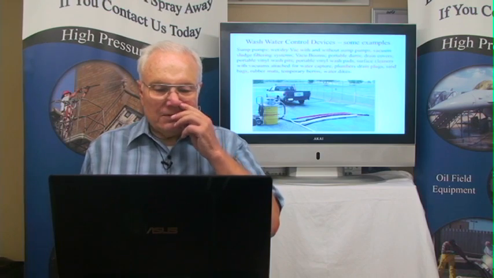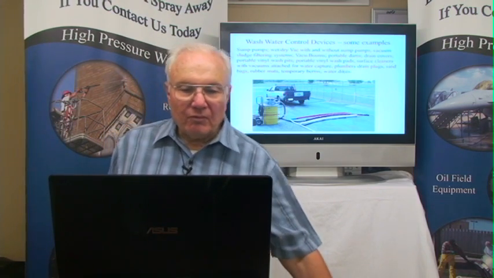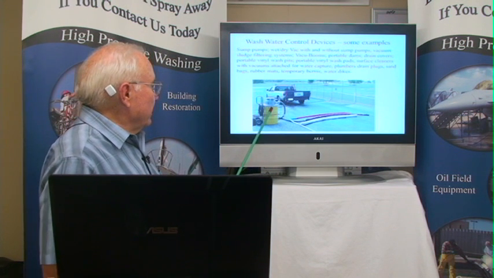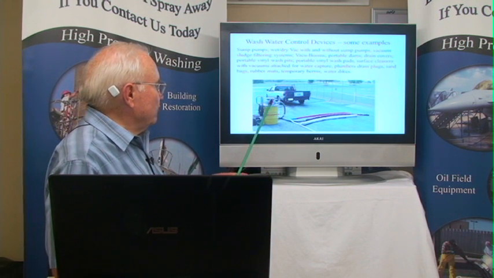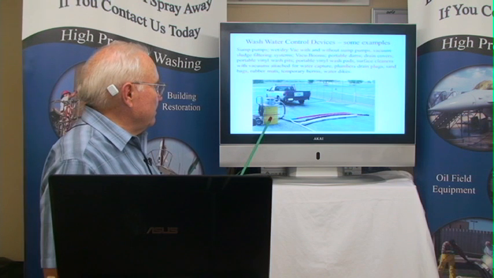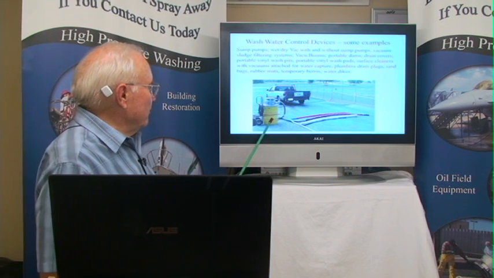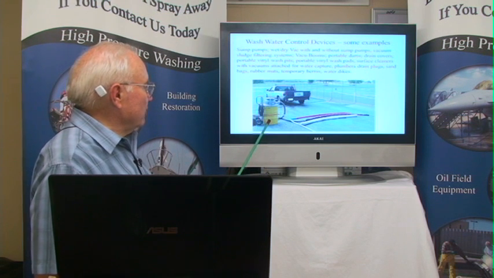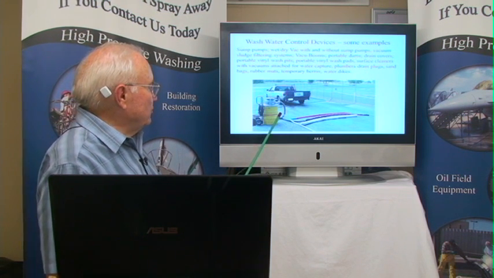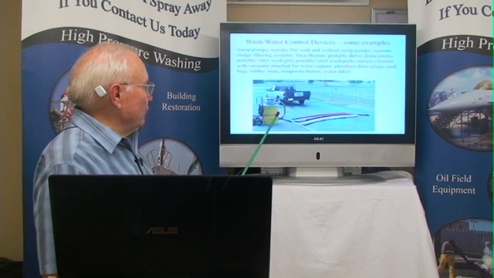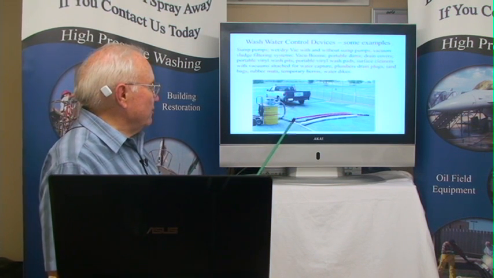Wastewater control devices. In here, we've got a vacuum sludge filtering system. This vacuum will pick it up. It's 55 gallons. The water only gets about 12 inches in the bottom. There's an automatic sump pump which discharges that wastewater out to the sanitary sewer or holding tank or wherever you're directing it to.